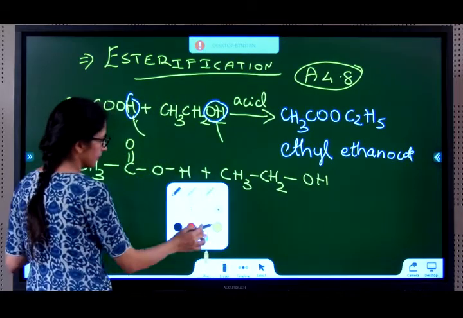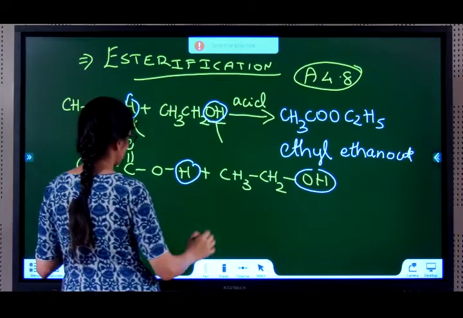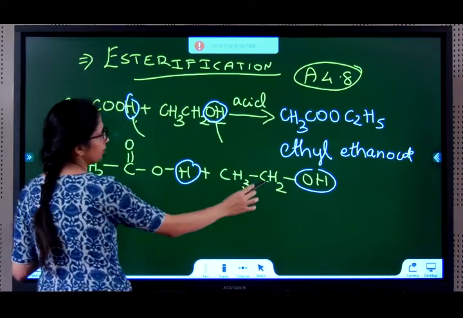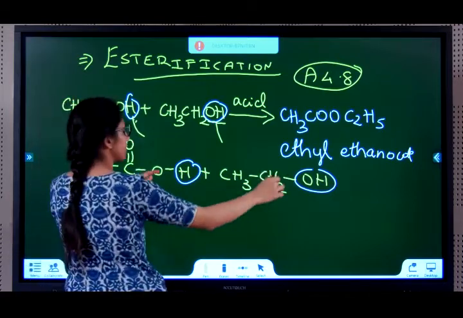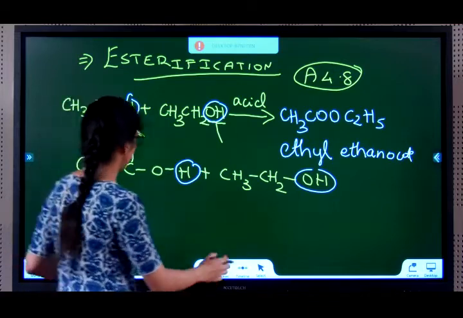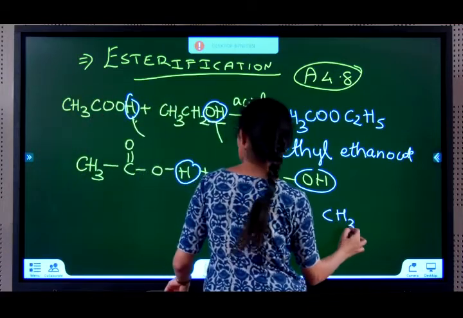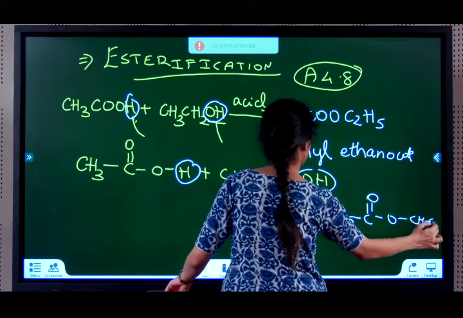Fine. This loses the whole water molecule. This loses only H. So this carbon here wants one bond. This oxygen here wants one bond. They both combine. Understood? So when they combine, how does it look? CH3C double bond O, O. To this there is CH2CH3.